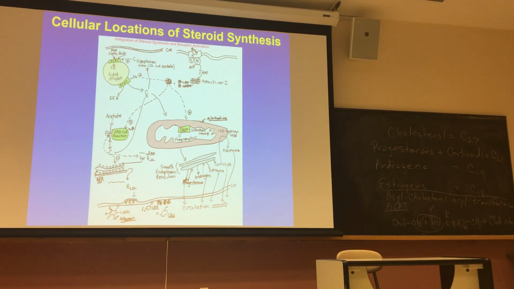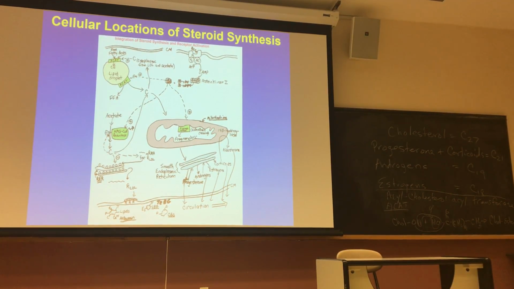Production of glucocorticoids, steroids. Okay? So, what else is going on? The other thing that's shown here is that cholesterol can also come not only from dietary sources, but from de novo synthesis.